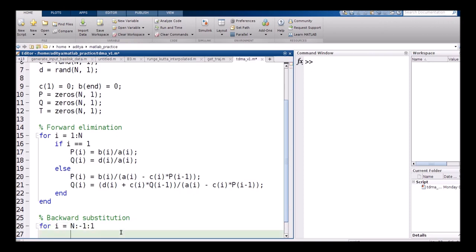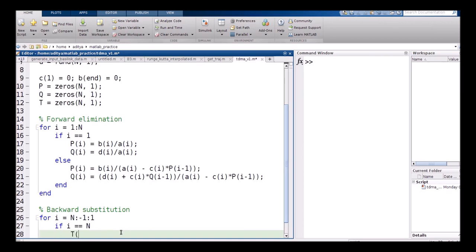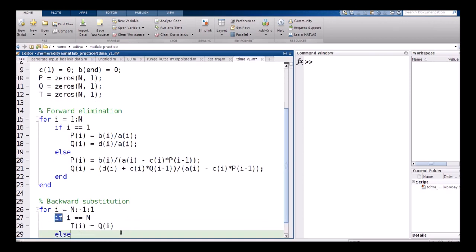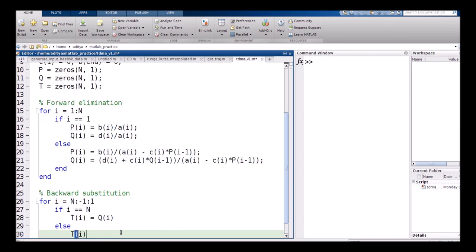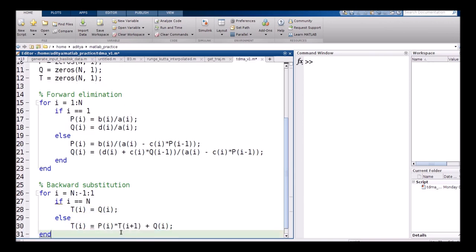So we recall that if I is equal to n, then Ti is equal to Qi, else Ti is equal to Pi times Ti plus 1 plus Qi, and then we'll close the if else logical loop.